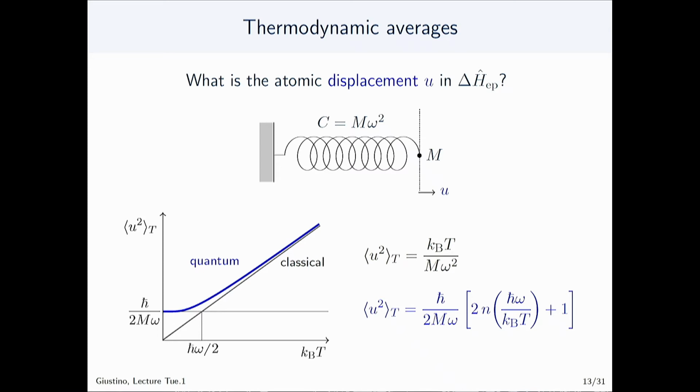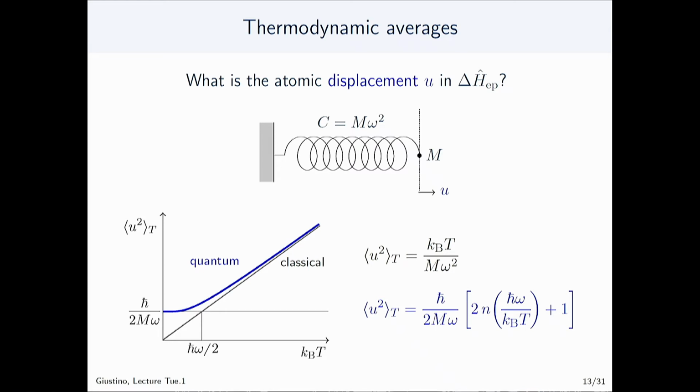The difference is really at low temperature, where in the classical case, the square displacement goes to 0. So basically, the nuclei don't move anymore. They're just stuck in a point. While in the quantum case, this flattens out and essentially goes to a constant, meaning that even at 0 temperature, the ions are moving a little bit, okay?